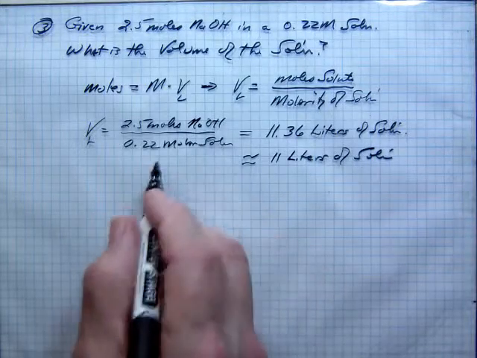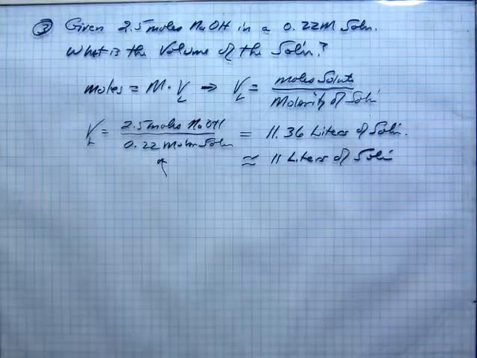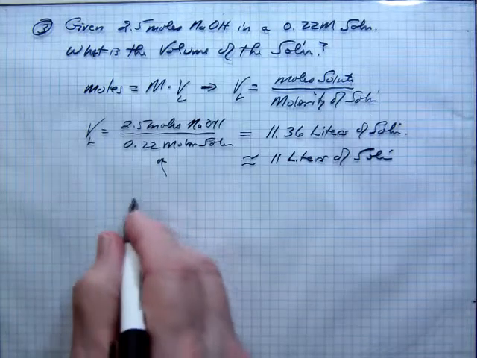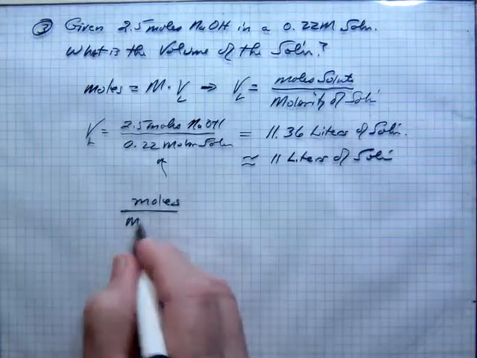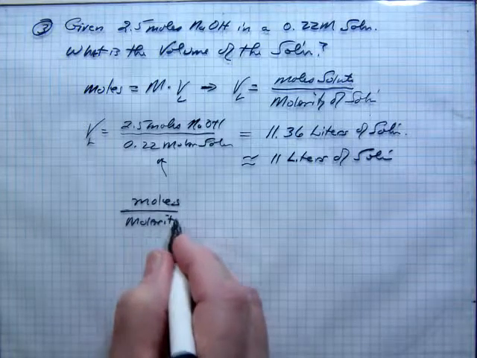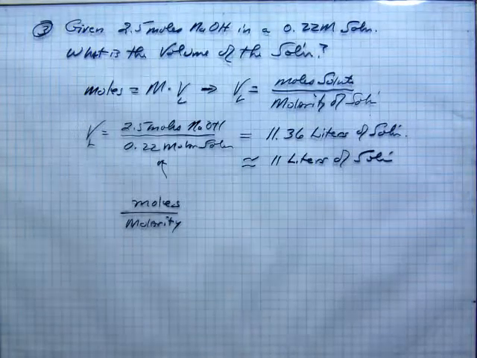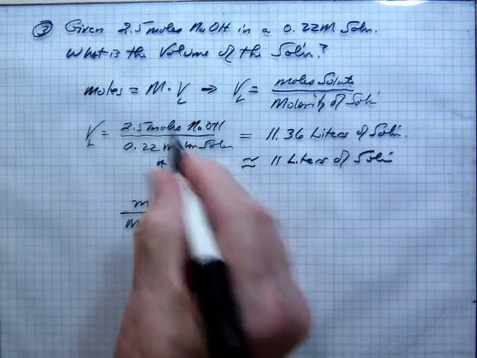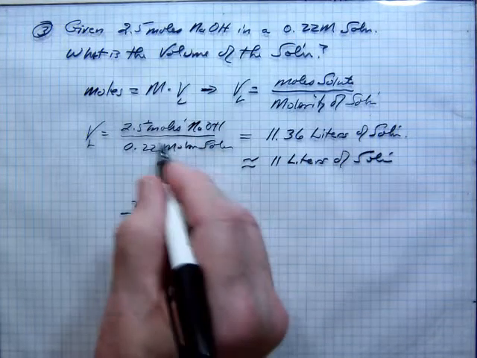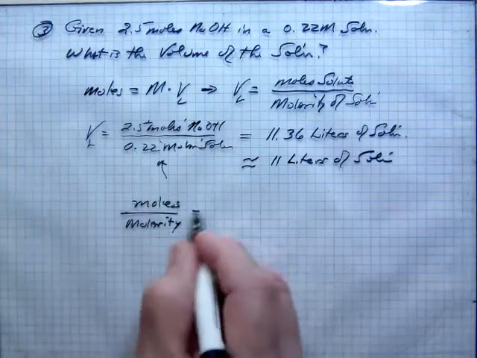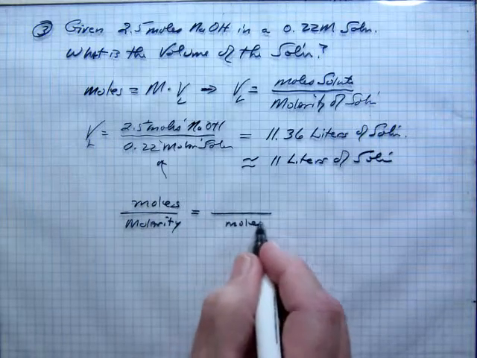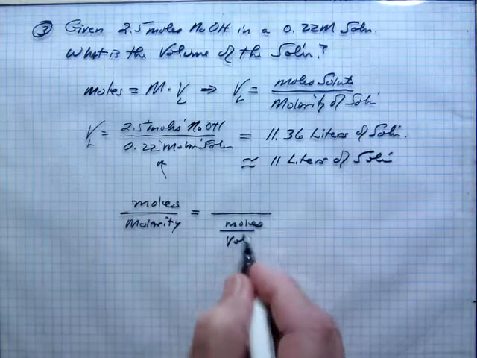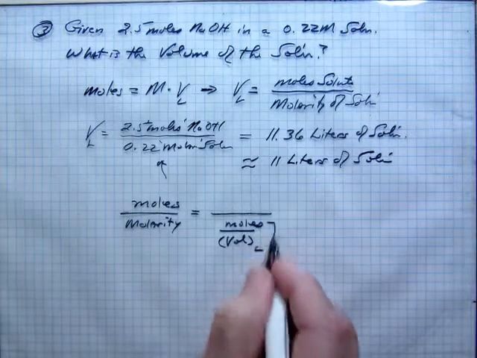Here in the proper terms, we have moles over molarity. You see what I'm saying? That's what's given here. Moles, molarity. Well, molarity, as we know, is moles over volume in liters.